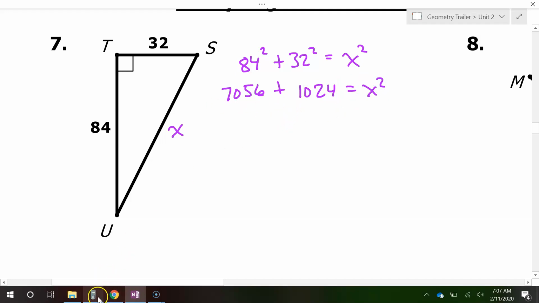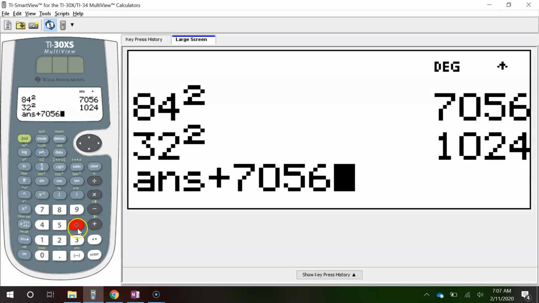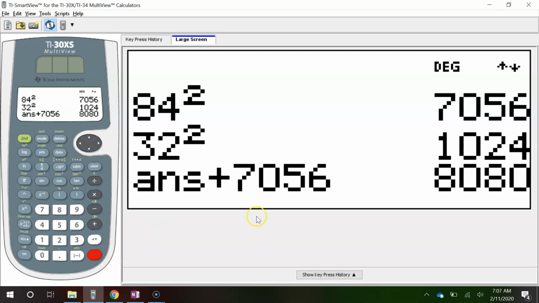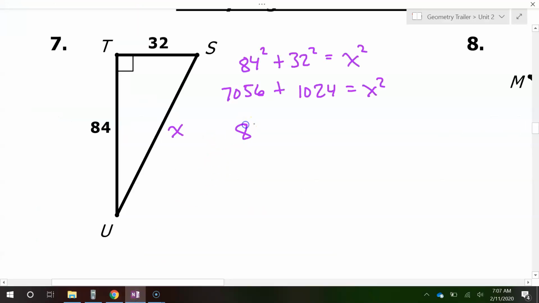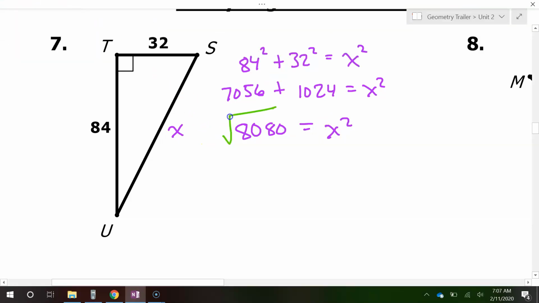All right, and then we'll add these together, of course. $80, interesting. Now, to get x by itself, we need to take the square root of both sides.